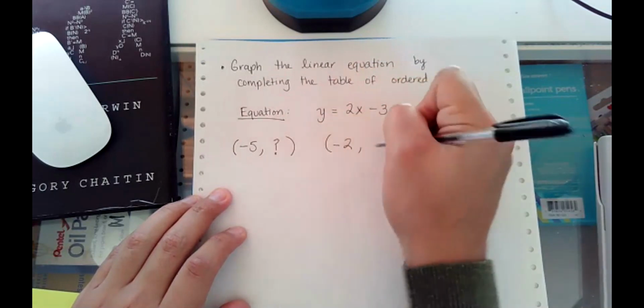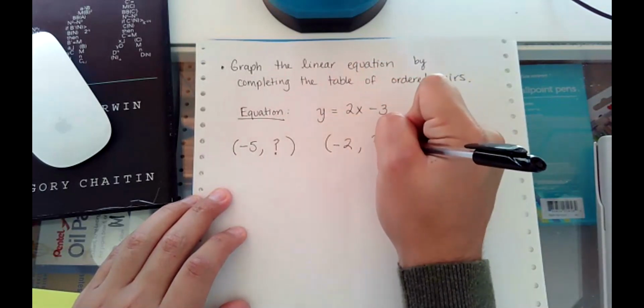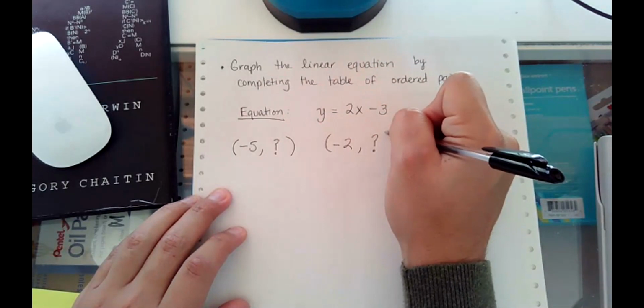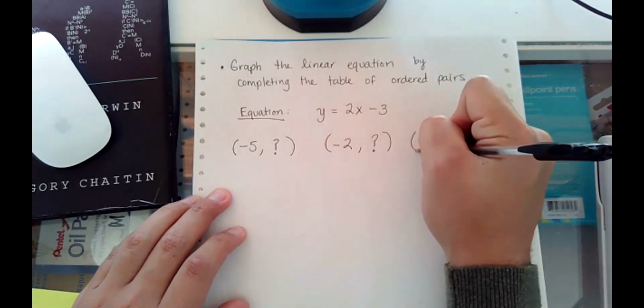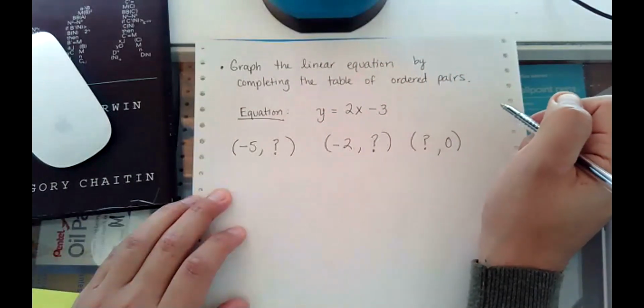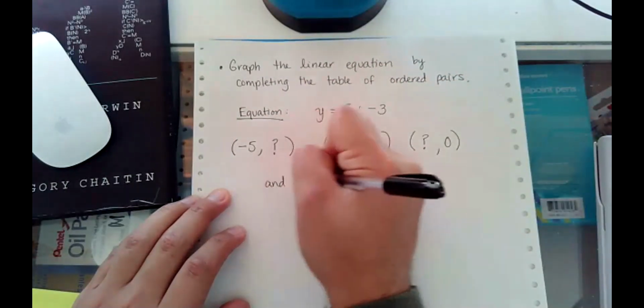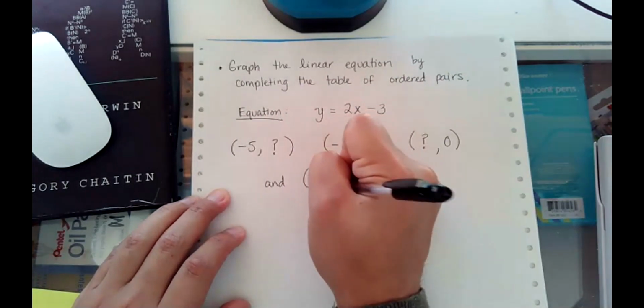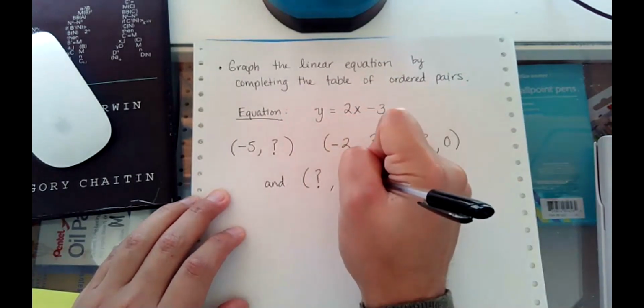Negative 2, comma, blank. Blank, comma, 0. And blank, comma, 4.